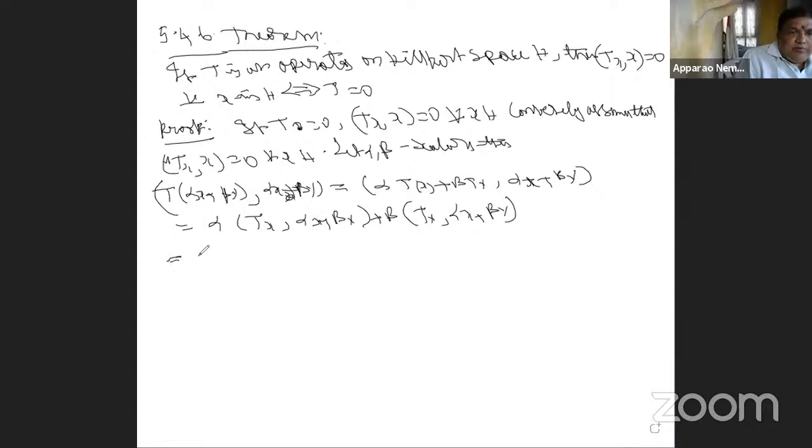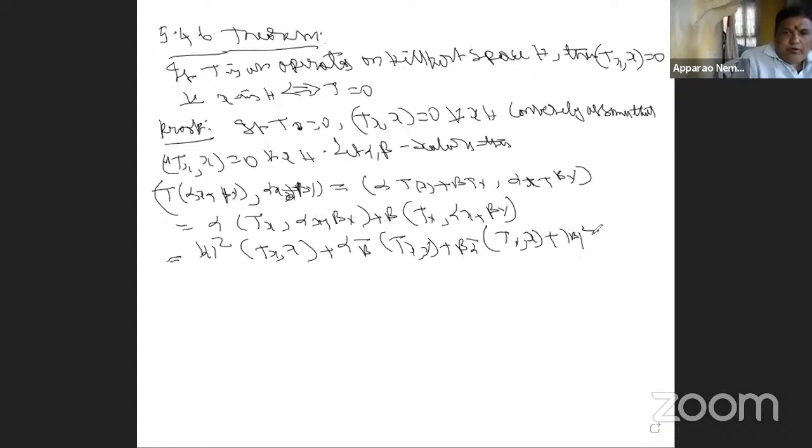That equal to mod alpha whole square T of x comma x plus alpha beta bar (bar means conjugate) T of x comma y plus beta alpha bar T of y comma x plus mod beta whole square T of y comma y.